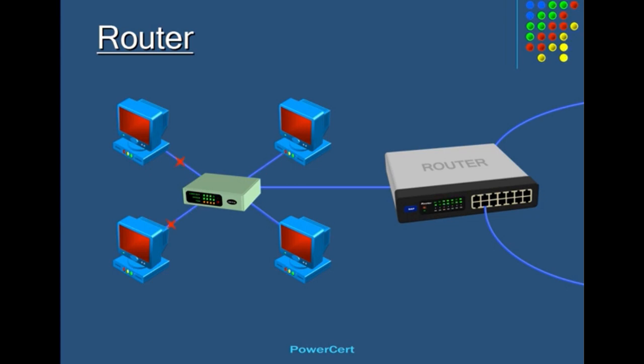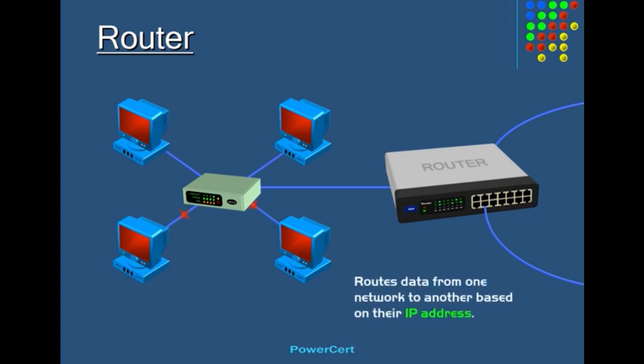Now the router does exactly what its name implies. A router is a device that routes or forwards data from one network to another network based on their IP addresses.